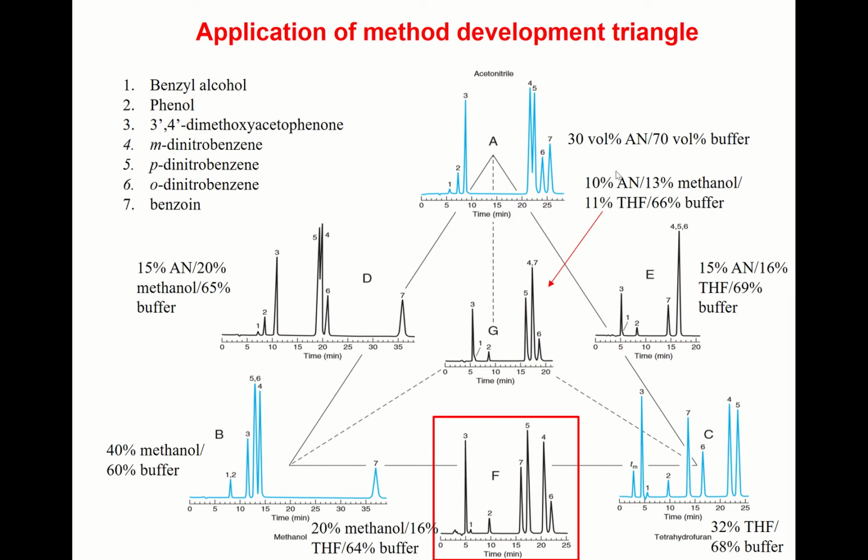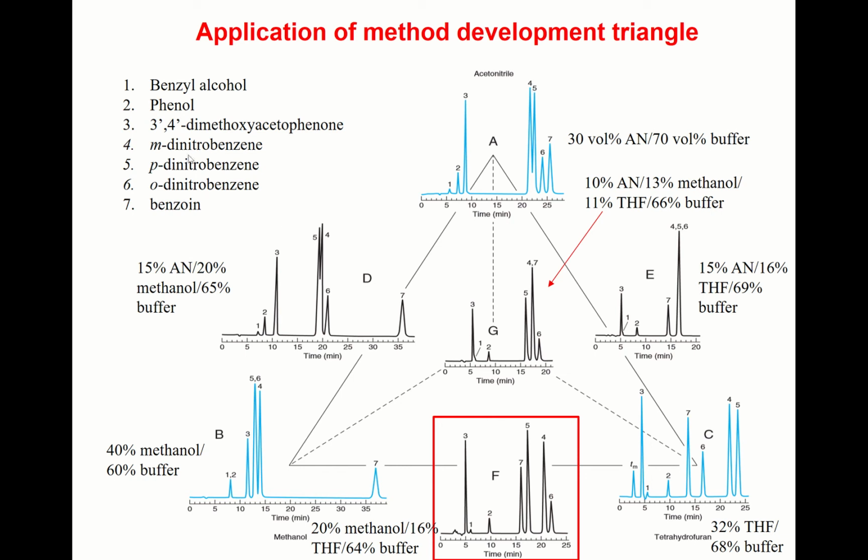Okay, and look at this chromatogram. Peaks 1, 2, 3 are well separated, and 6 and 7 also are well separated, but the problem is 4 and 5.